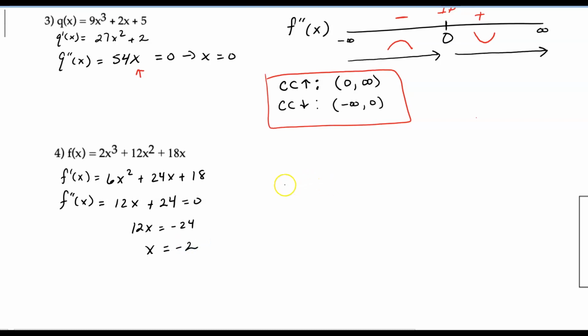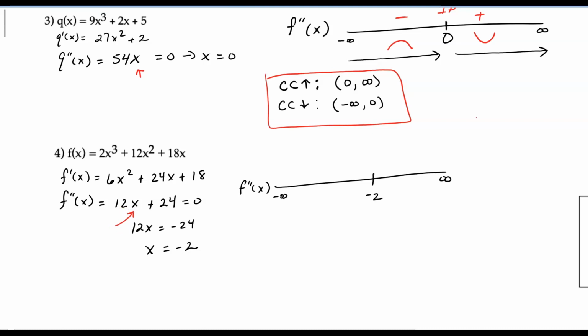Then all we have to do is check the wiggle graph here, f double prime for negative 2, again from negative infinity to infinity. We're going to check, because it could be that you don't have an inflection point, and then the concavity would stay the same. We plug in numbers before negative 2 and after negative 2.